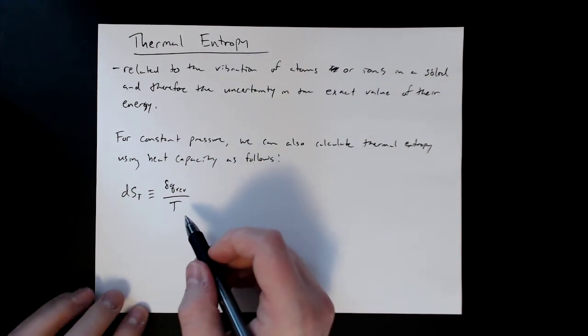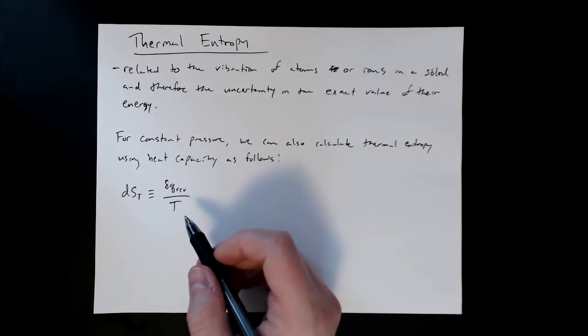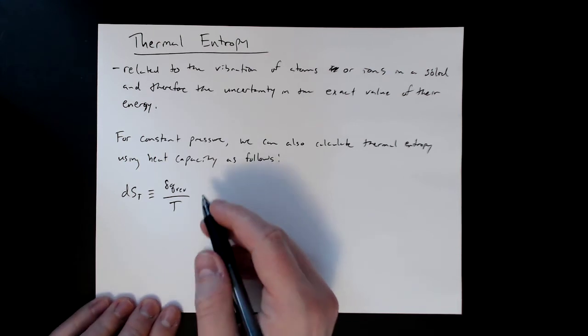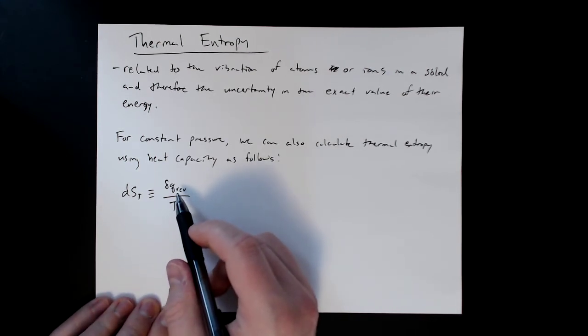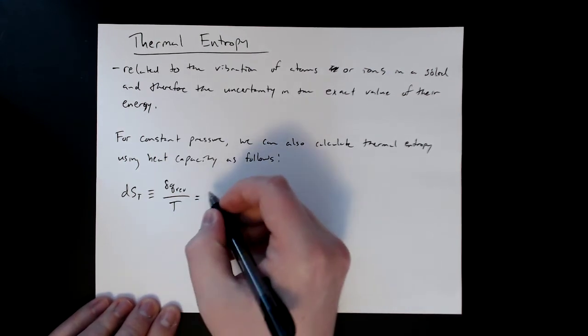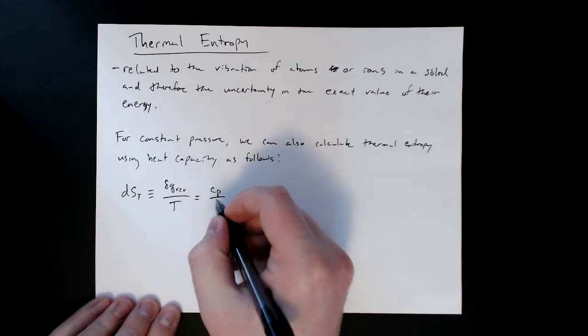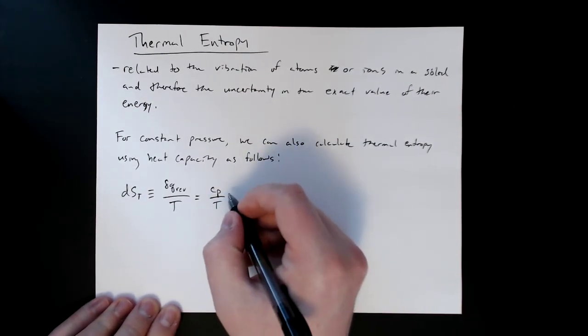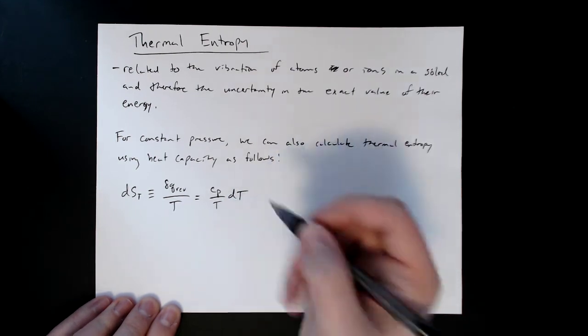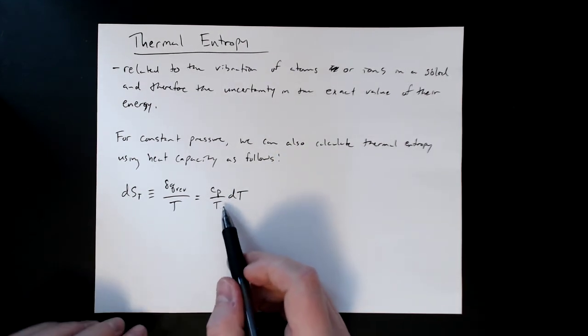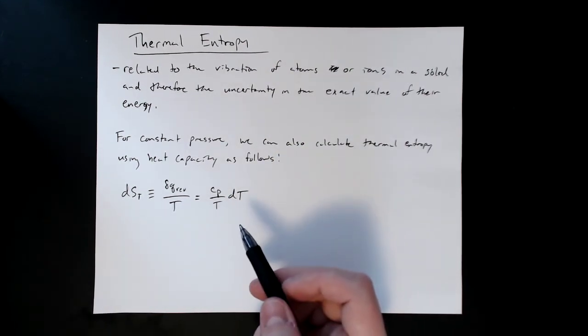So this was our definition that we talked about in the previous module, but we know that this reversible heat is also equivalent to heat capacity, and so we can also define entropy as heat capacity over temperature, multiplied by the differential temperature.